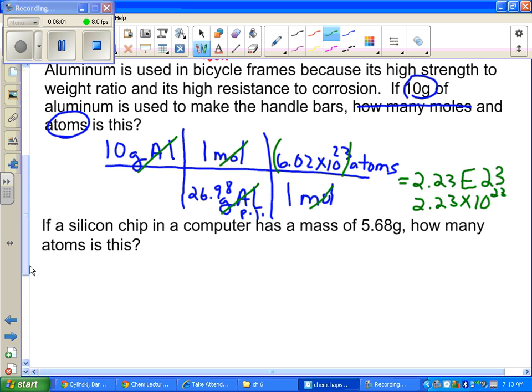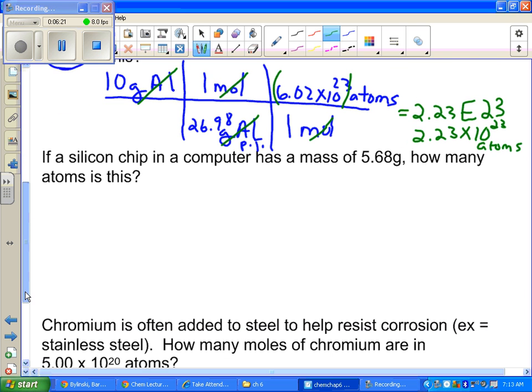E stands for exponent, and don't leave it naked. You solve for atoms. So this is called a gram to atom problem. It is a 2-step problem, one of the harder ones, but you've also got this on your pink sheet. Okay? All right, let's try another one.